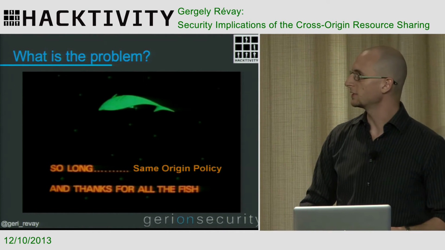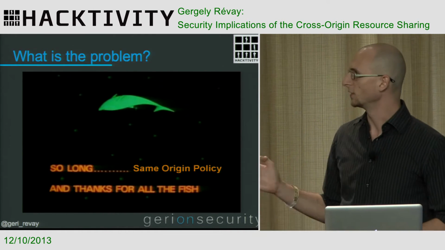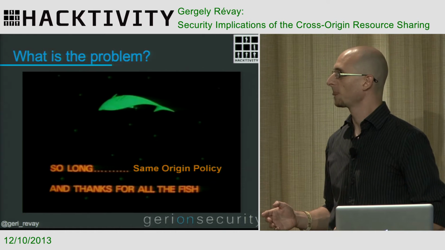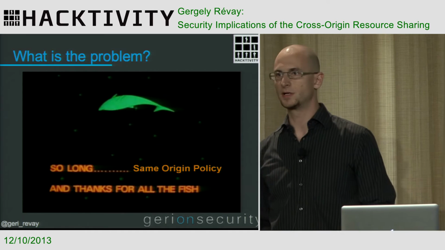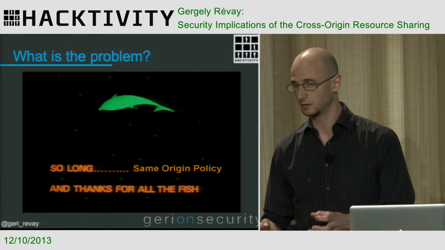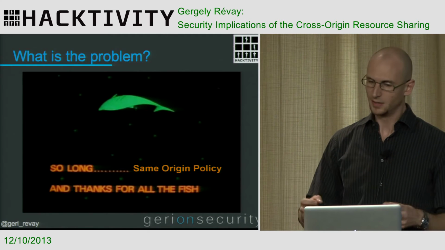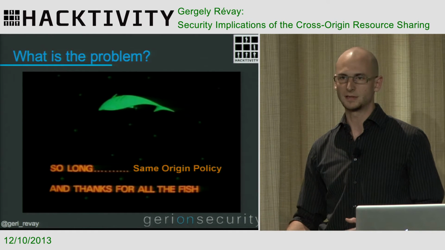Here you can see why I didn't go into the photoshopping industry, because I'm not really good at it. But what I wanted to show here is that the essential problem with CORS is that it breaks the same origin policy a little bit. Not really. CORS is not a broken feature, it's not totally broken.